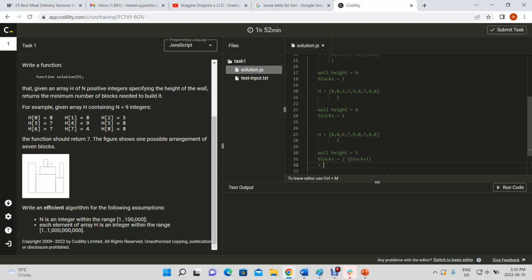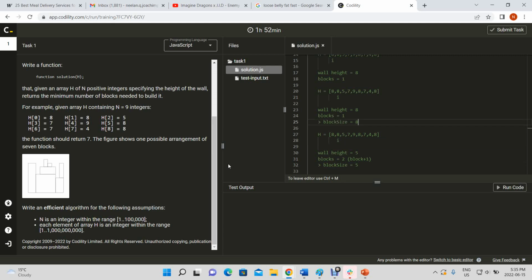So getting to this point, we're going to need something to keep track of the wall height as well as the block size, right? So currently the block size here is 5. Previously the block size was 8, right?